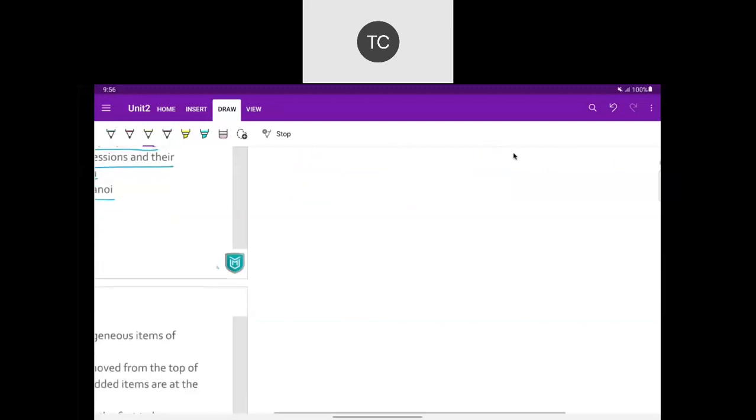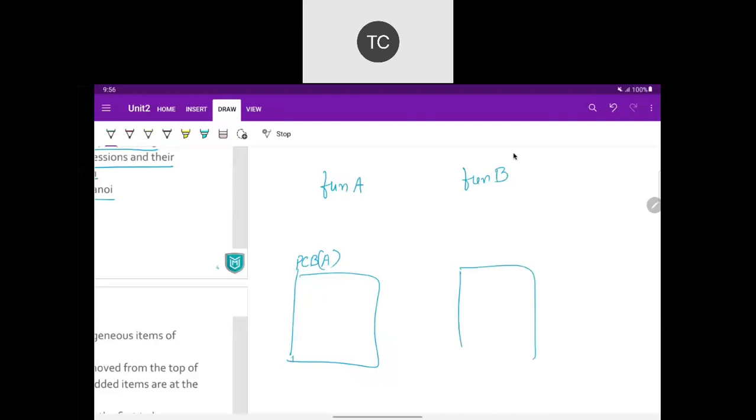But understand this much: if you have function A, then there will be one PCB for A. If you have another function B, then there will be another PCB for function B.